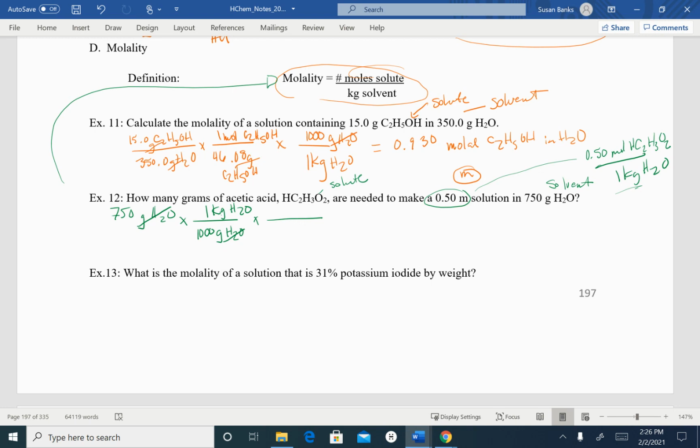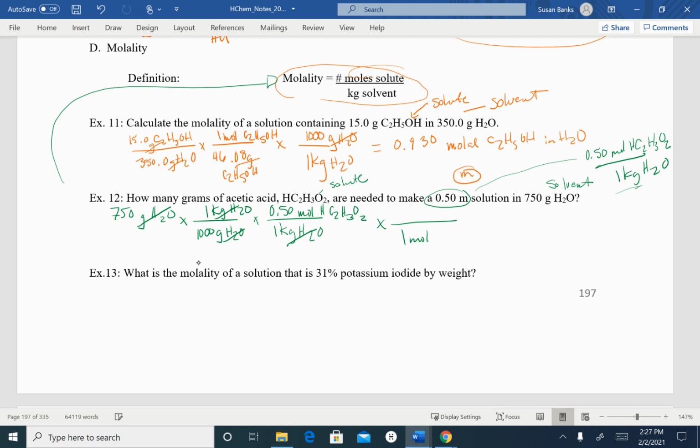Okay, so I can use this relationship to cancel out the kilograms that I have. I need to put the kilograms on the opposite side, so it's going to go on the bottom. So in 1 kilogram of water, I'm going to have 0.5 moles of acetic acid. Okay, so my kilograms of water cancel out and I have moles. Now the next thing I need to do is just convert moles of acetic acid to grams. So I need to get my molar mass of acetic acid.